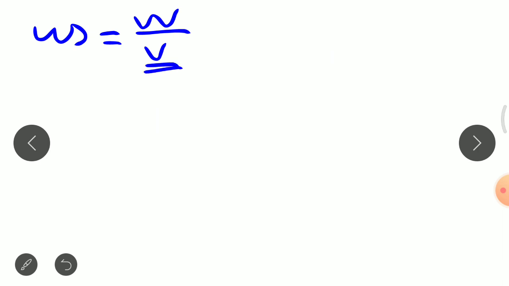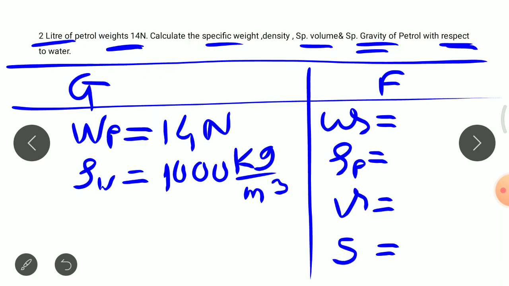We know that the formula for specific weight is equal to W upon V, that is volume. But we don't have the volume. But in the numerical, they have given 2 liter of petrol, so that is the volume.